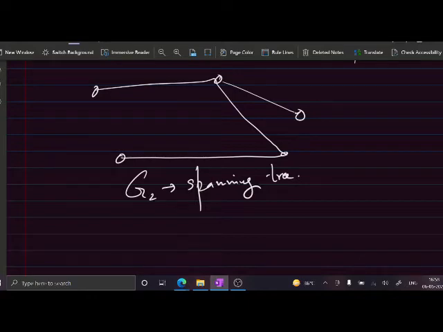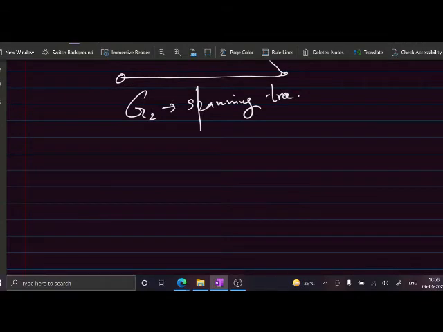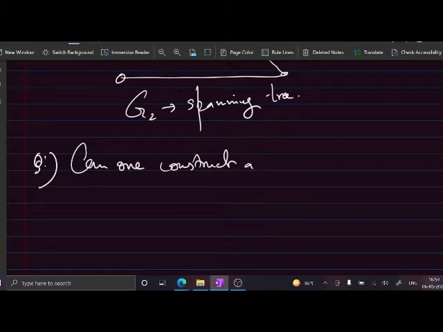So can one construct a spanning tree for a connected graph?